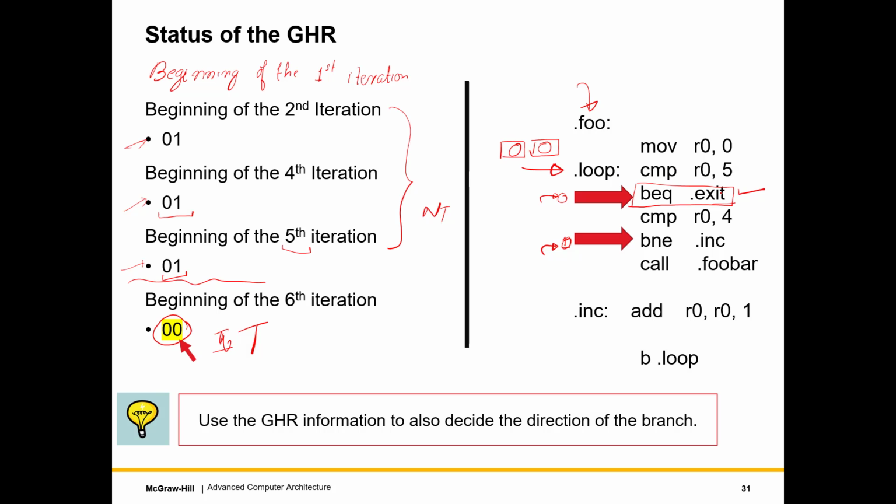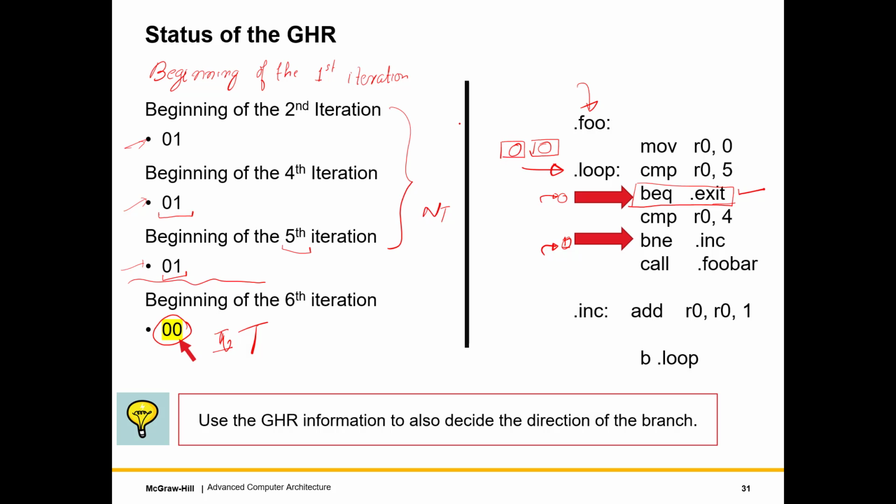So if it is 0, 0, of course we'll predict taken, which is a mistake, but the odds are that it will not be 0, 0, right? I mean, if we assume it varies uniformly. Even if it doesn't, it will not be 0, 0 all the time. I mean, statistically, we need to take our chances.